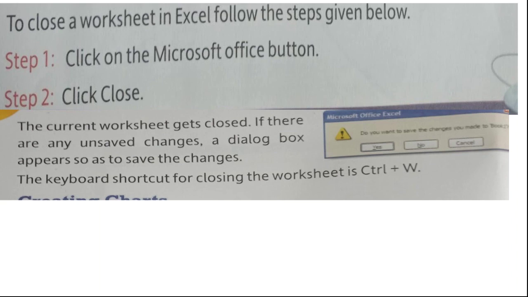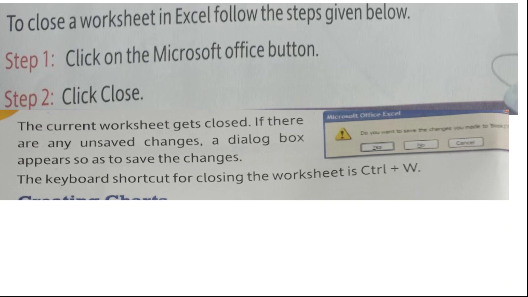If there are any unsaved changes, a dialog box appears so as to save the changes. As soon as you click on close, a small window would appear. In this window you can see there are three buttons: yes, no, cancel.